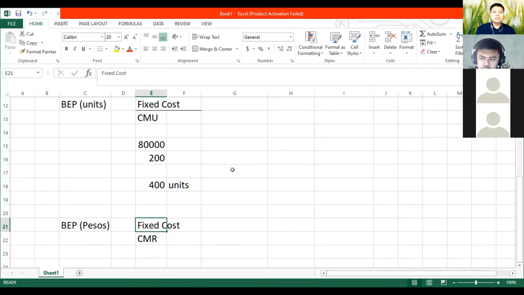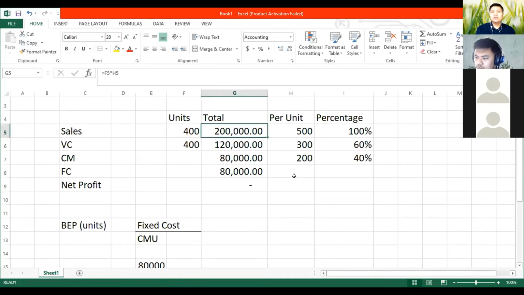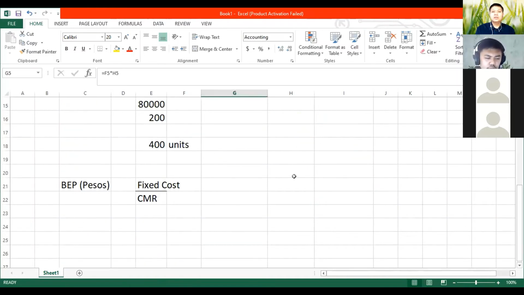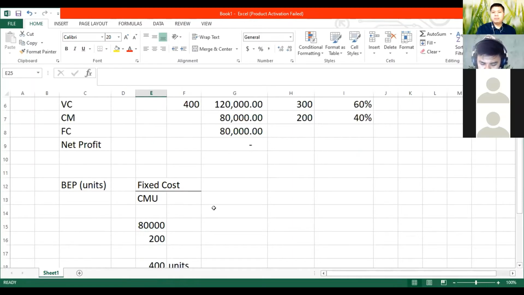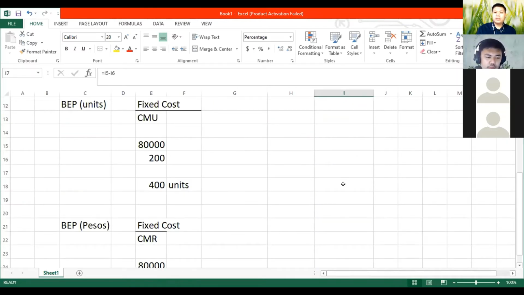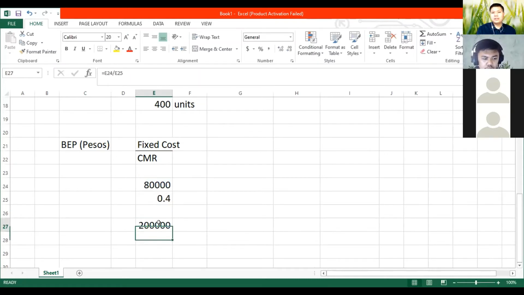Okay. Let's see if we will get, dapat ang makuha natin is 200,000. Okay. So fixed cost is 80,000 divided by, what's your CMR? Your CMR is 40%. So this is 0.40. So 80,000 divided by 0.4. So you get here 200,000.